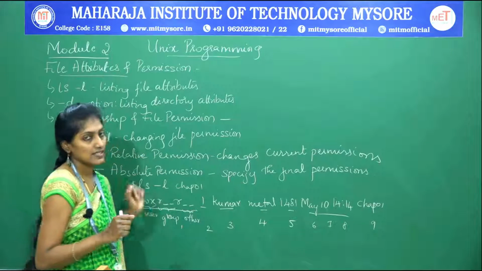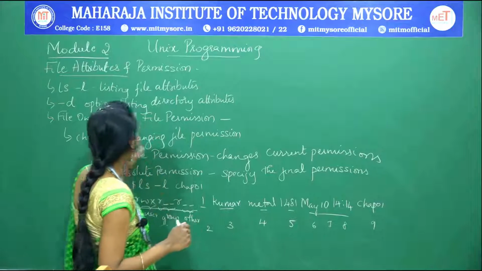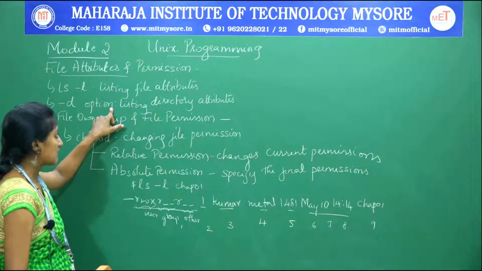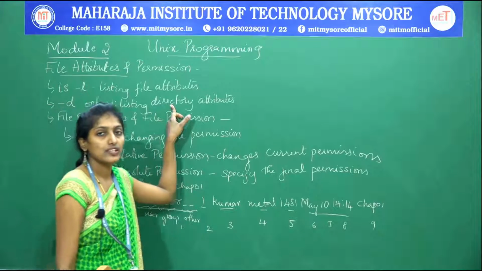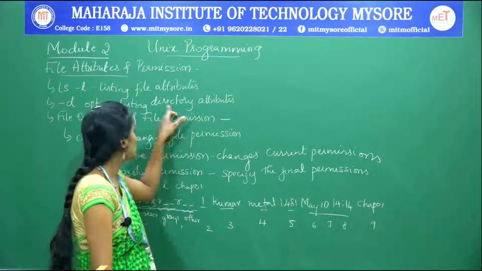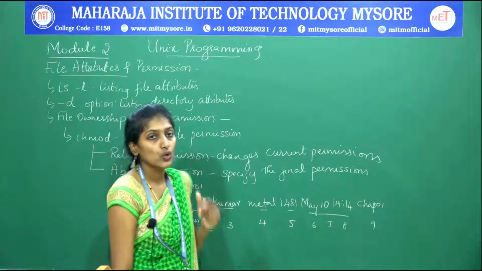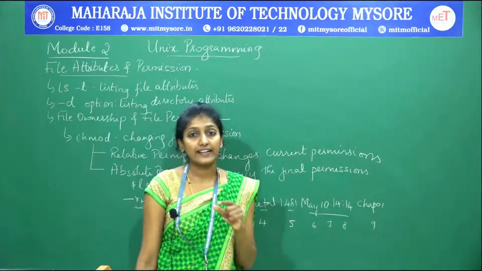So this was discussed in the previous class. Along with that, we had discussed the option -d, for listing the directory attributes. Here, it is going to list out those files which are directory files.